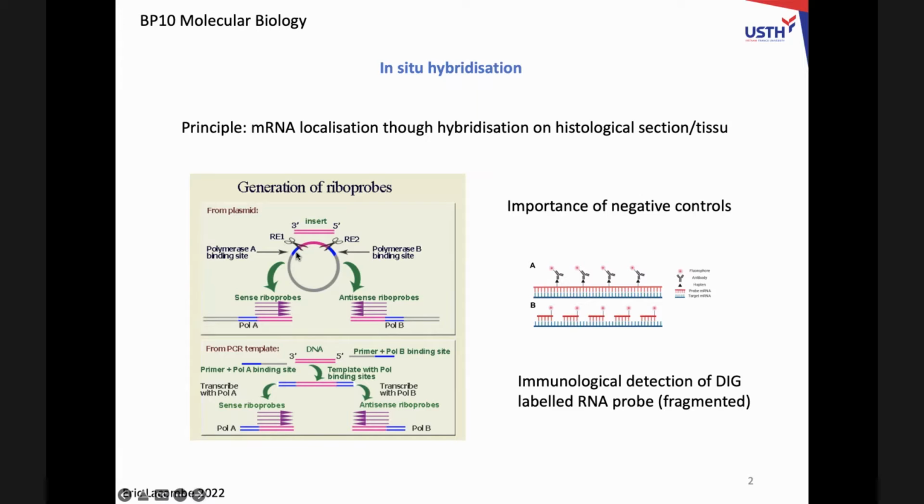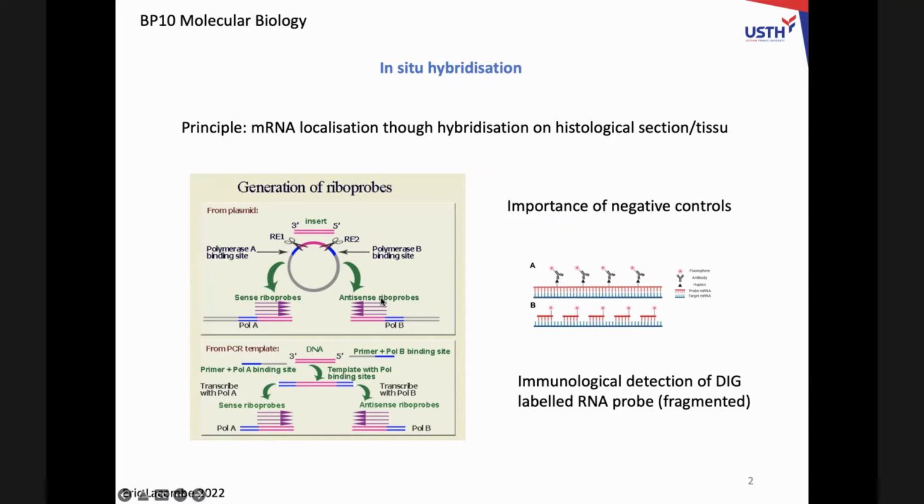Maybe you never saw that, but it's not a problem. Technically, it means that we can make probes called antisense probes, and these probes will match perfectly with the messenger RNA because they are antisense to the messenger RNA.